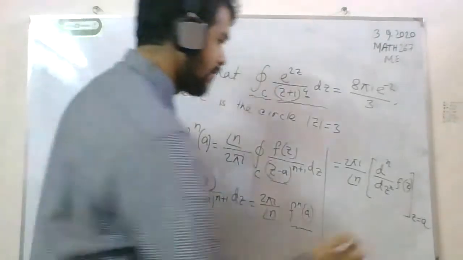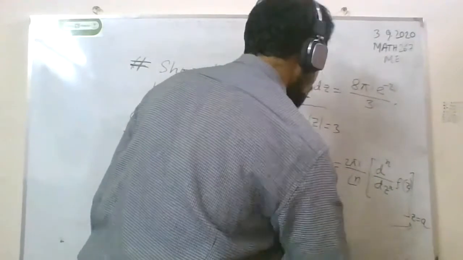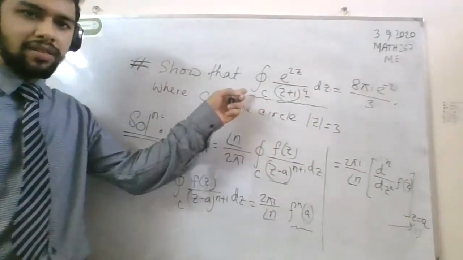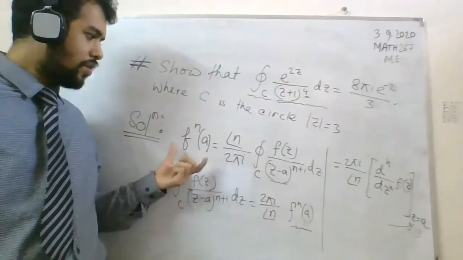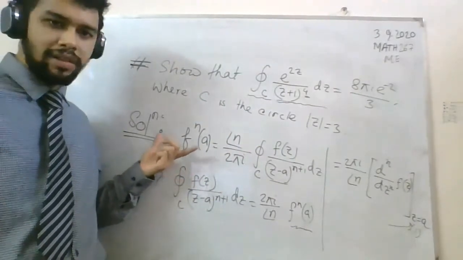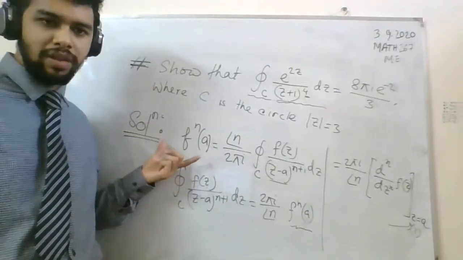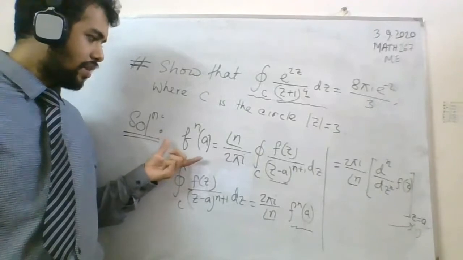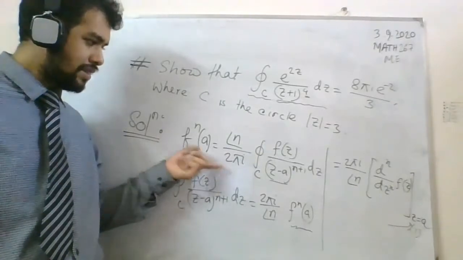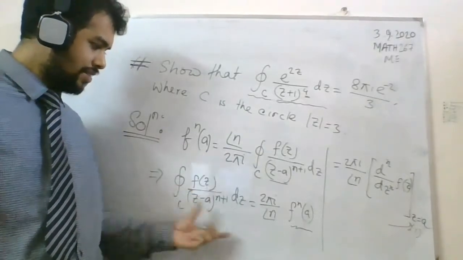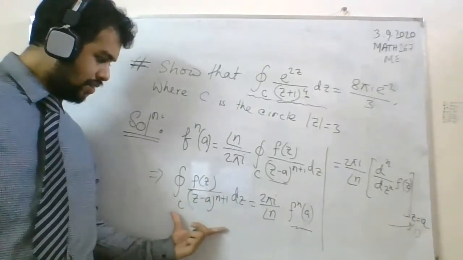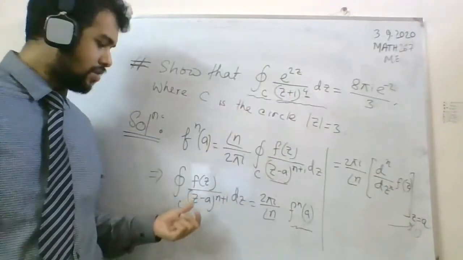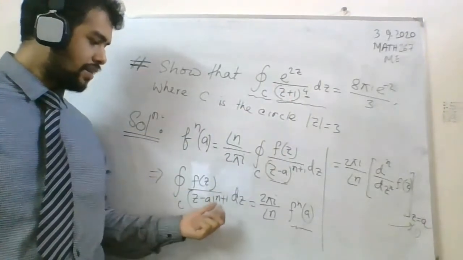So this is our equation 1. Okay. So for solving this equation, at first you have to know that you have to apply the Cauchy integral formula for higher derivative. So for higher derivative, the Cauchy integral formula is this, and then just simplify this equation and comparing this thing with this term, you can also get the values of f(z), also a, and also n.